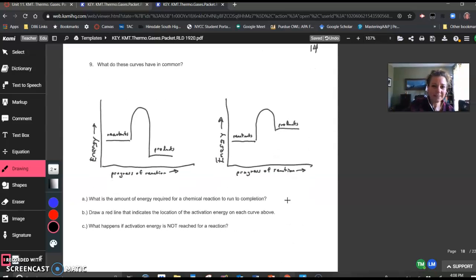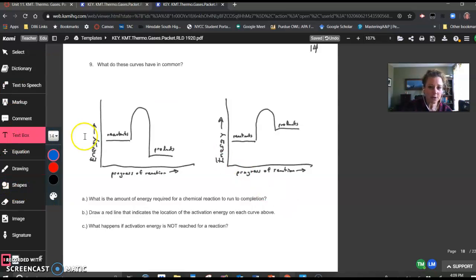Okay, here we go. Last page. So what do these curves have in common? Well, as I look at these two curves, I can see that both of them require an input of energy.